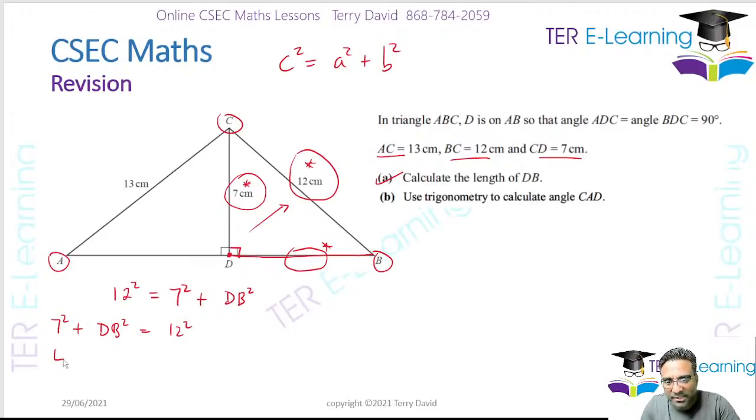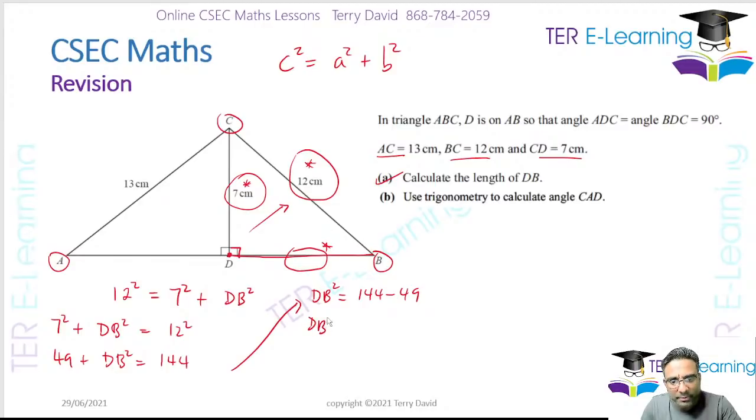Now 7 sevens are 49 plus DB squared is equal to 12 12s are 144. So I don't have enough space, so let me just go across here. So DB squared is equal to 144 minus 49.